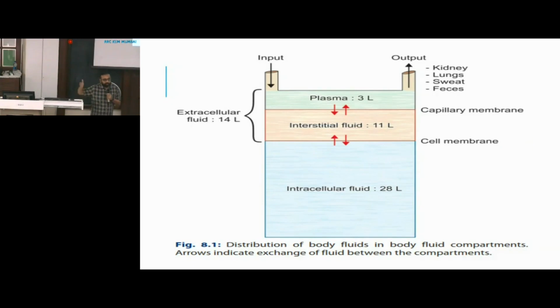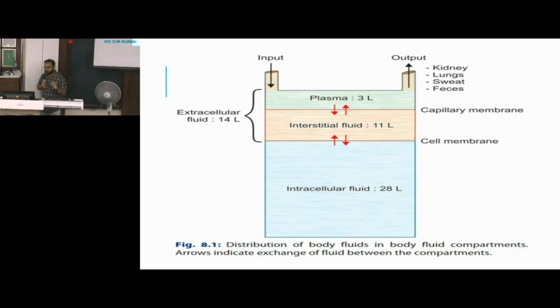With respect to body, what was the extracellular fluid volume and weight? Around 14 liter or 14 kg. Among them, plasma is only 3 liter and interstitial fluid will be around 11 liter. What is interstitial fluid? Fluid between the cells.